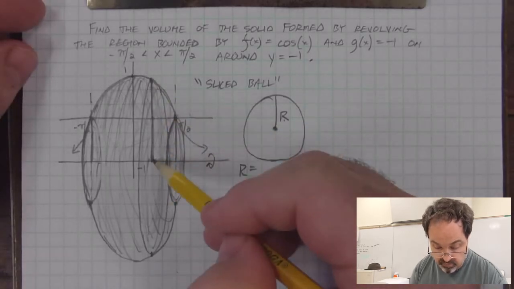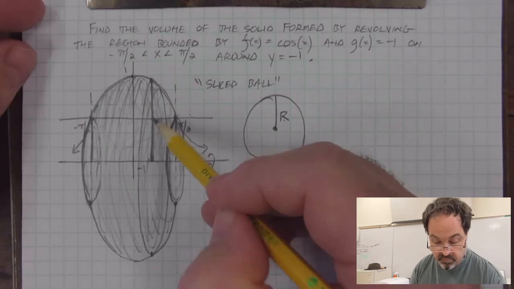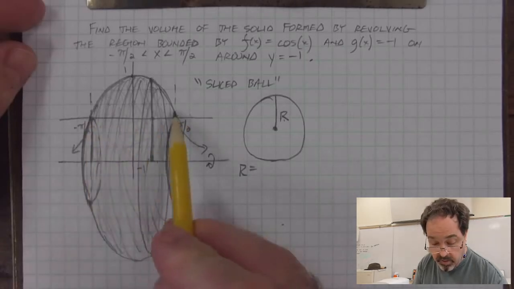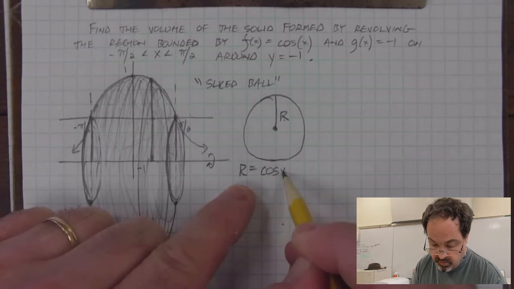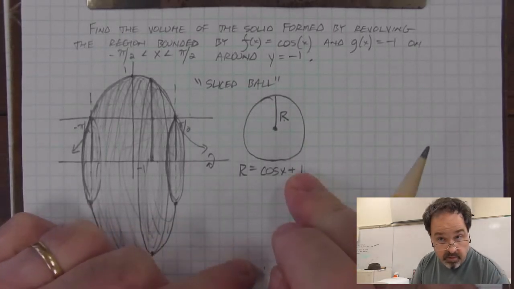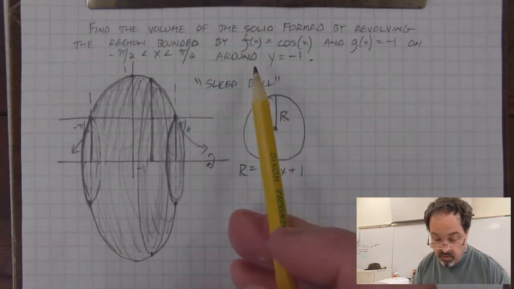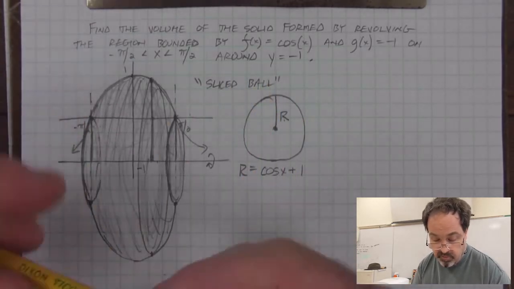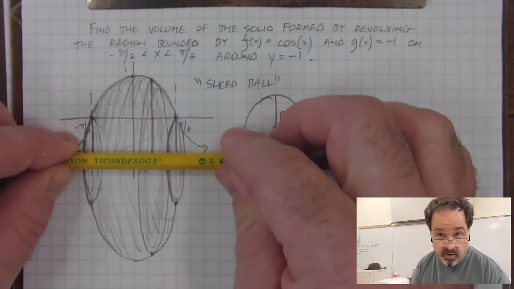So that radius is cosine of x plus 1. And that's true no matter where I'm creating my disk. The equation for the radius is cosine x plus 1. So it's the plus 1 that is the change that was made by changing the line of rotation from a typical x-axis to this line at y equals -1.